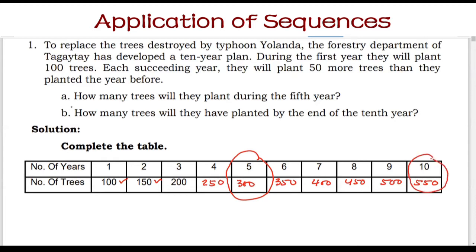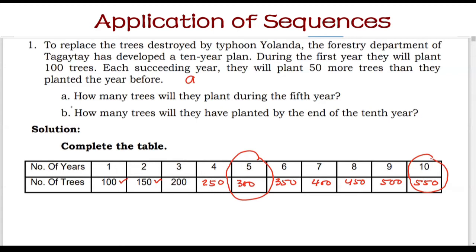Now, if you want to use the formula, madali lang din. All you have to do is to recall the formula for what kind of sequence we are dealing with here. We're dealing with an arithmetic sequence kasi nag-add lang naman tayo to get the next term.